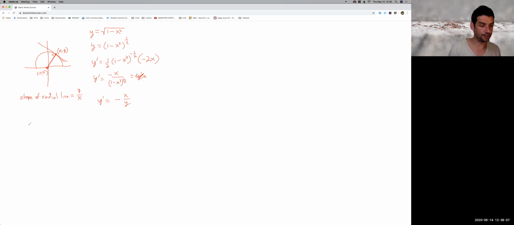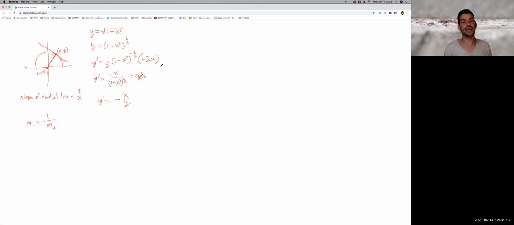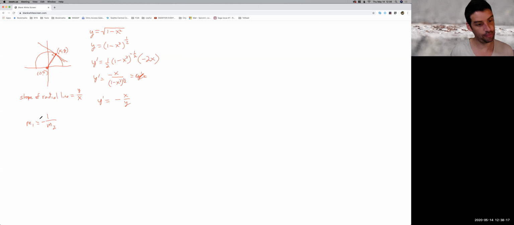If line 1 is perpendicular to line 2, then the relationship between the slopes is that, which is exactly what we have here. So I'm going to assume that fact from way back when, and that's why we know the radial line is going to be perpendicular to the tangent line. So we're going to use that fact a little bit later.